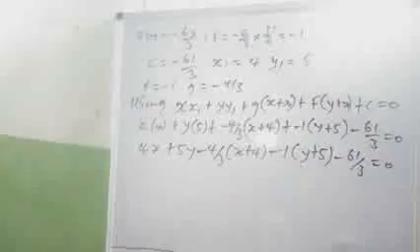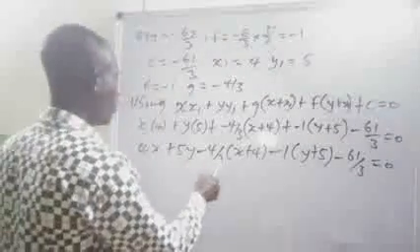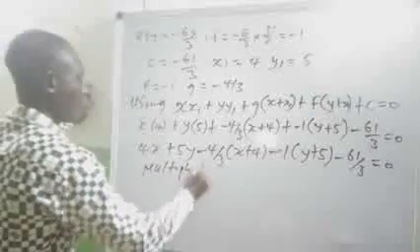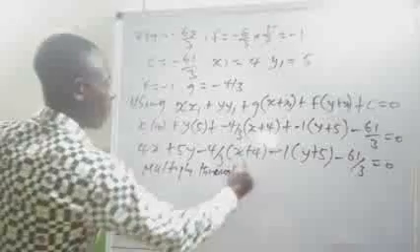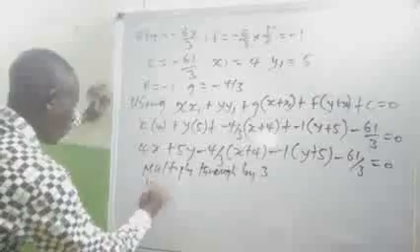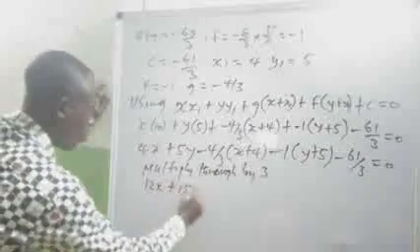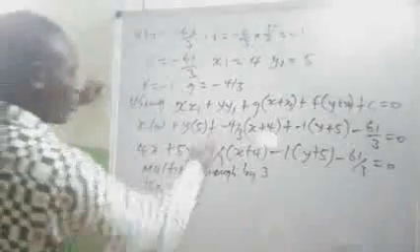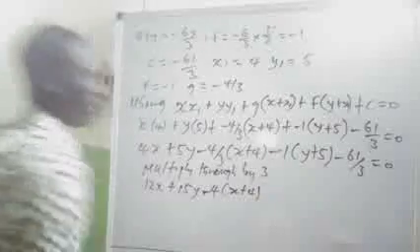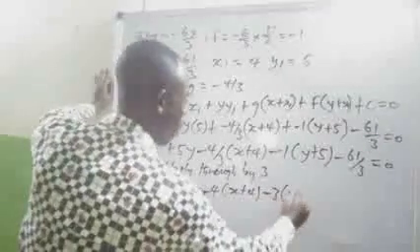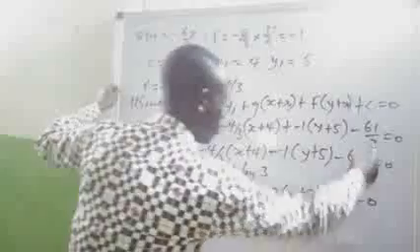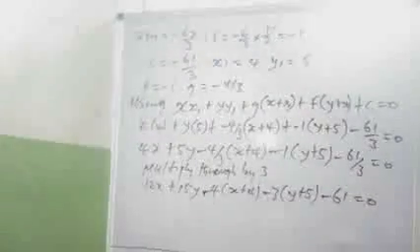So if I multiply through by 3, 3 times this will give you 12x plus 15y. I'm using 3 to multiply. 3 times this will give you minus 4 into x plus 4. Then 3 times this will give you minus 3 into y plus 5. Here will give you minus 61 equals to 0. The 3 cancels out.